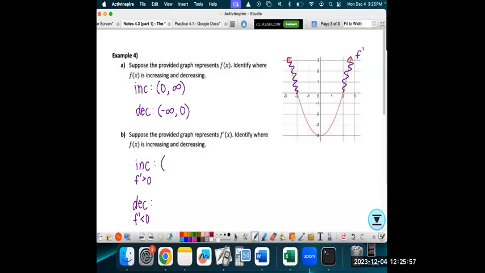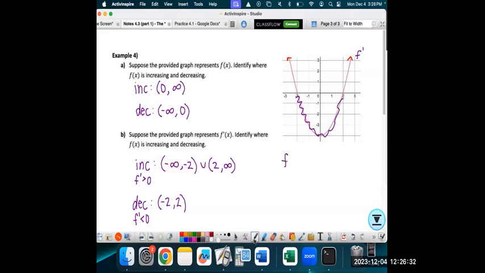So my graph would be increasing from negative infinity to negative 2, and then again from 2 to infinity, because those are where my f prime outputs are positive. For decreasing, that would be where my derivative is negative, or where my f prime outputs are negative. So from negative 2 to 2.